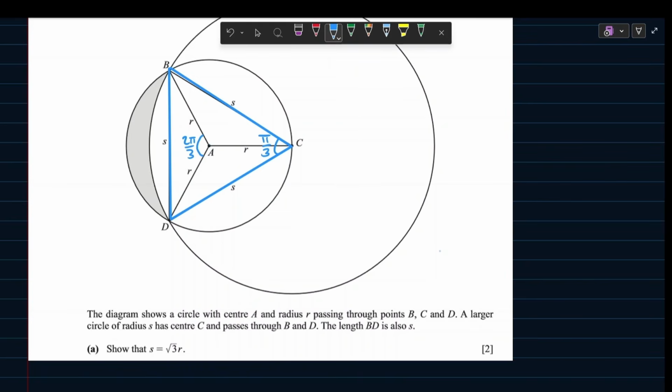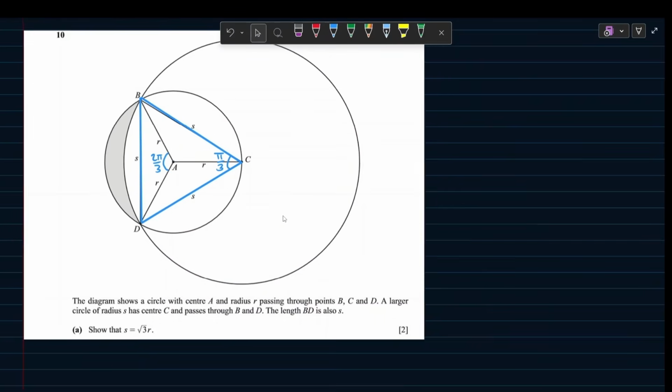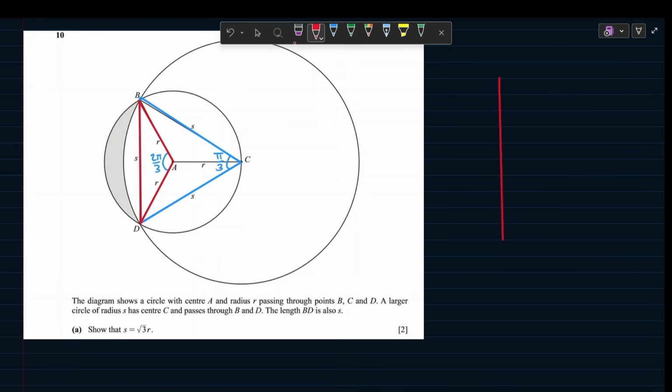And this is relevant because now what we can do is to look at the triangle ABD, which is this triangle here, and we want to use the sine rule with that triangle. I'm just going to do that triangle on the side so we have more space. So that's an isosceles triangle, and we know that this angle here is 2 pi over 3.